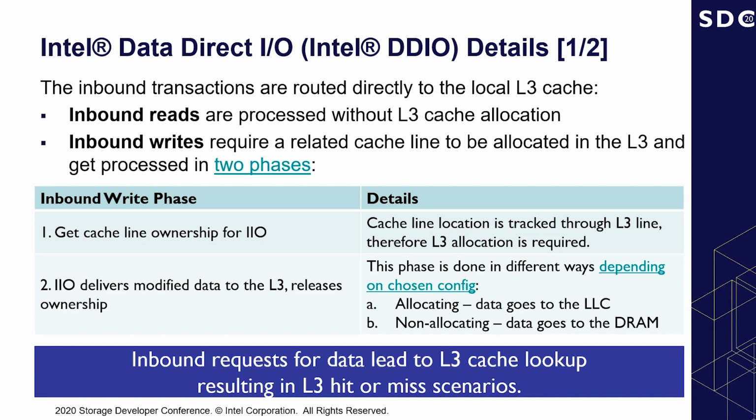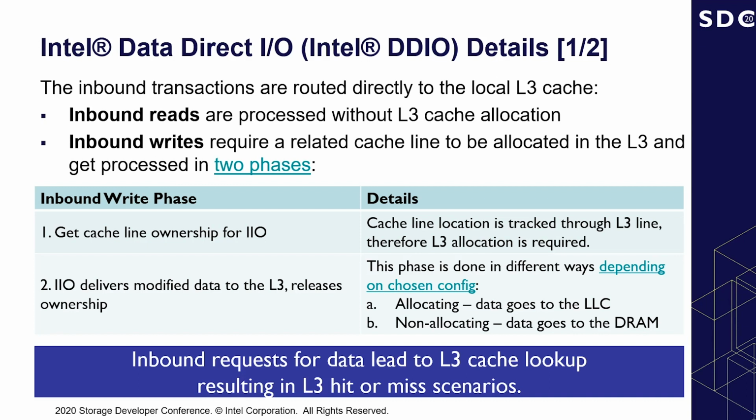For inbound writes, we do have a cache line allocation happening in the L3 cache, and this happens in two different phases. In the first phase, the IIO unit has to get ownership of that cache line so it can write to it and modify it.